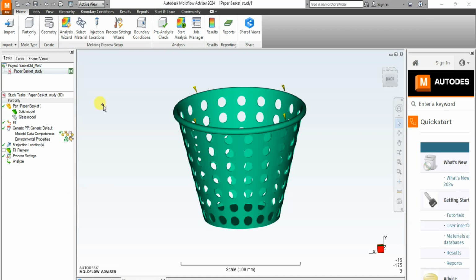Okay, so let's try and make use of this analysis, analyze this object and see what this brings up.